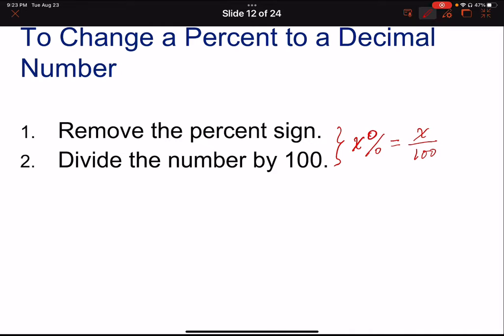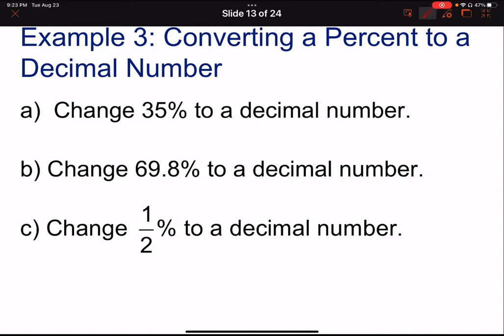Okay, so mathematically, you really need to understand this. The steps are correct, but in my opinion, they hinder the understanding. Okay, so let's look at an example. Change 35% to a decimal number, which should be straightforward. 35% equals 35 over 100 equals 0.35, right?